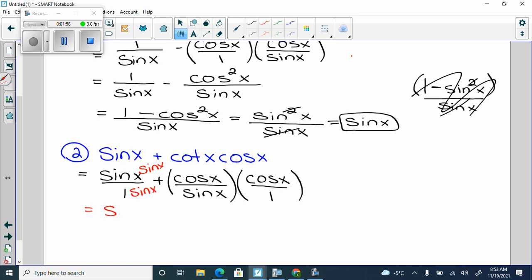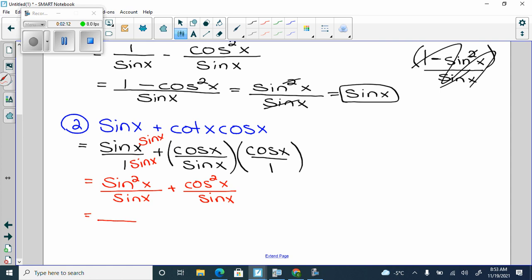So I'm going to get sine squared x over sine x plus cos squared x over sine x. Now that we have a common denominator, we can write them all over sine x. So we get sine squared x plus cos squared x, which is 1, off the formula sheet. So it's just 1 over sine x or cosecant.